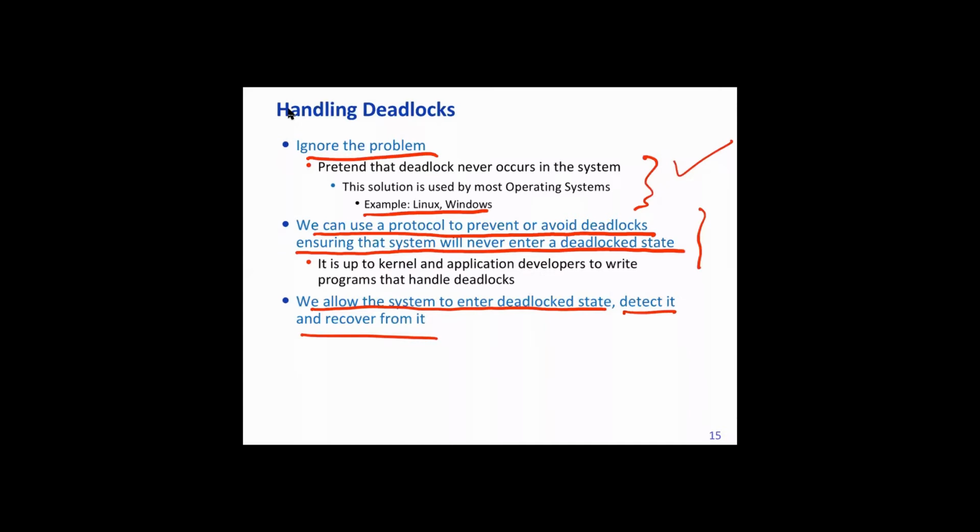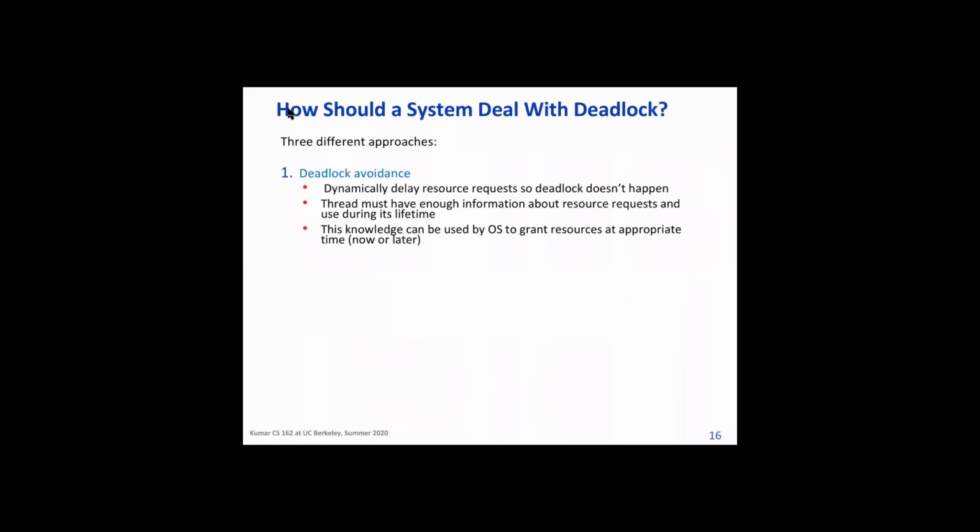It could be very different from what is mentioned here. So it must be doing something to avoid deadlocks. And what is the way to design an OS such that it remains in a kind of non-deadlock state? How should we deal with the deadlocks?